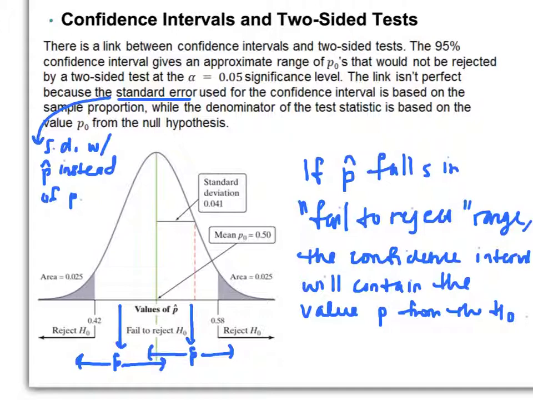So if you get a value for p hat, you can compute a confidence interval, and if that confidence interval contains the null, then you would fail to reject. So just listen to me say that one more time, okay? When you're doing a two-sided test, sometimes you can compute a confidence interval instead. And if you compute a confidence interval that contains the null, then that means the null is a plausible value, so you can fail to reject.